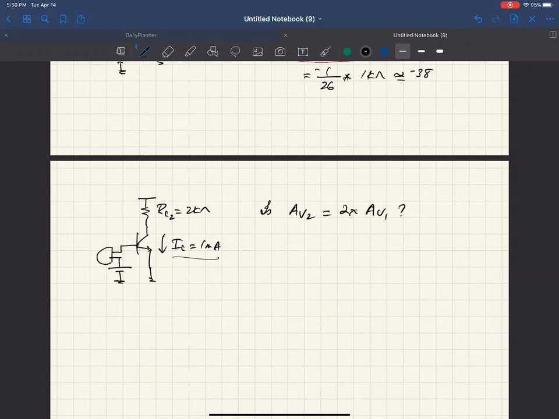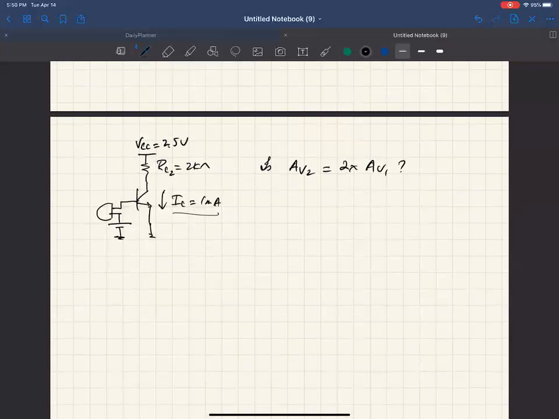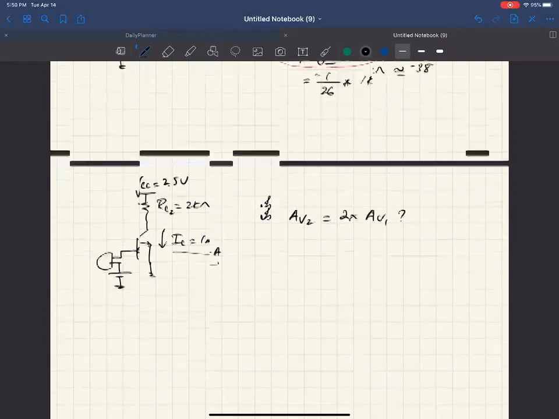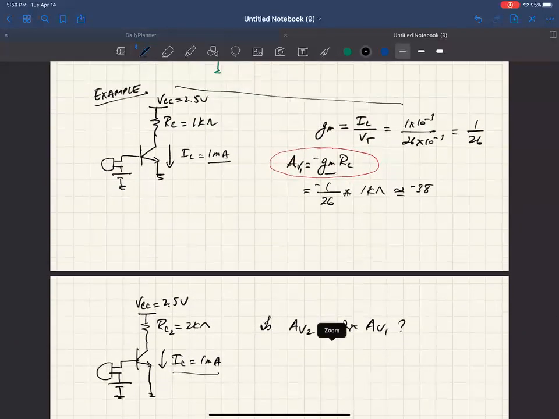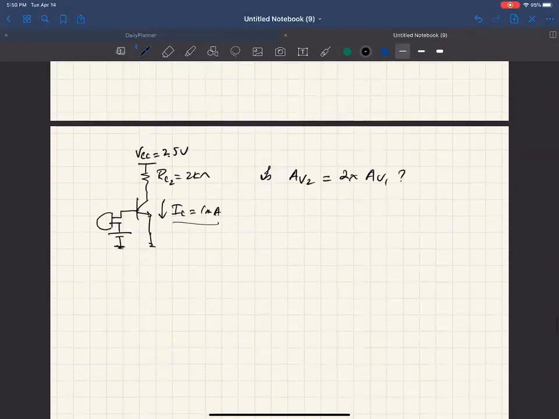And the answer is no, because what we'd assumed we'd be able to do is keep the bias conditions similar. Let's take a look at it in this case.